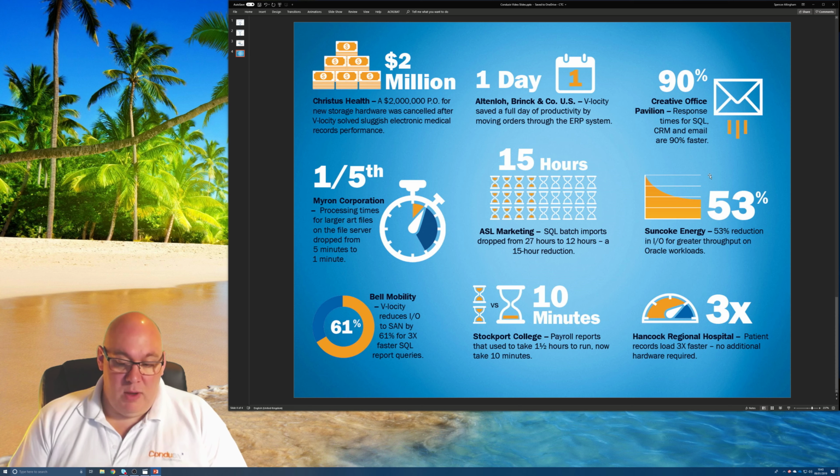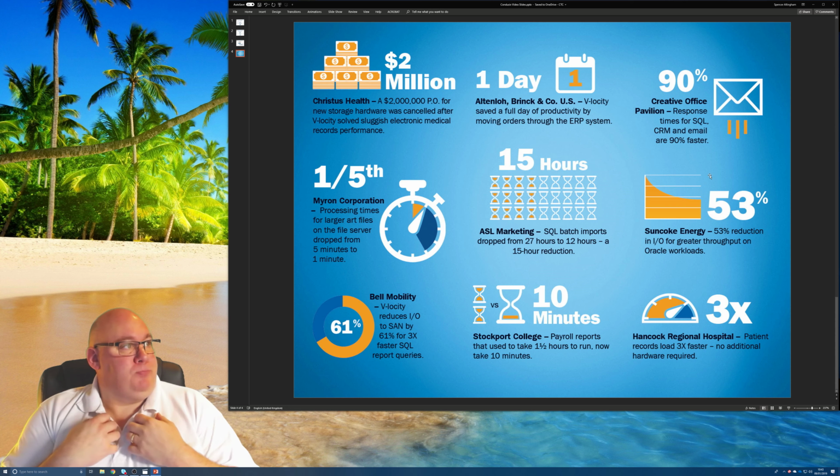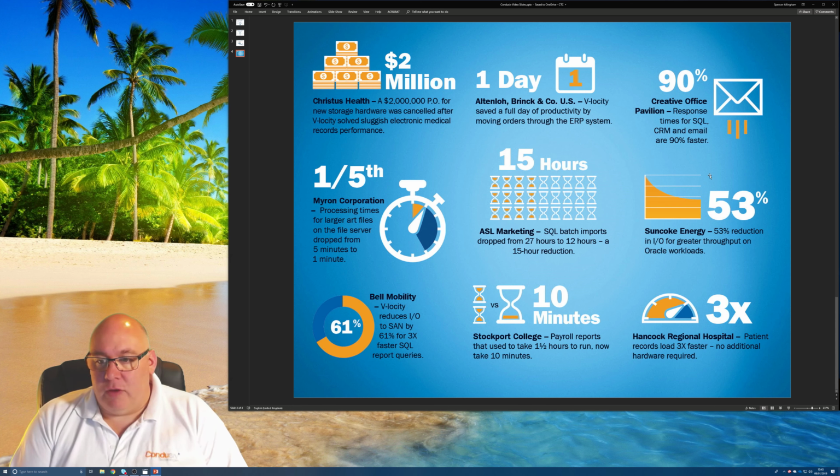But where you have applications and workloads that are generating a lot of storage traffic, so things like SharePoint, busy file servers, database servers, document management systems, medical records applications, CRMs, Microsoft Dynamics, ERP systems, that's typically where you're going to see the most bang for buck.